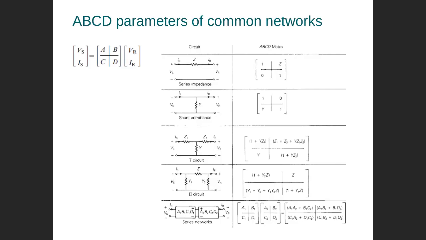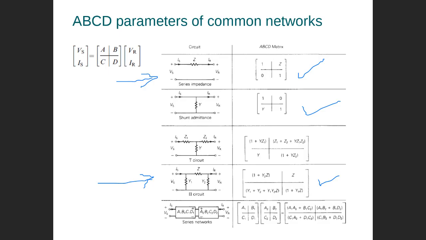Anyhow, what I would like you to remember, I don't need to say memorize, is this one and this one. These are the two parameters that we discussed: the medium transmission line, the short transmission line, and this one here also. Why? Because this is simple now.